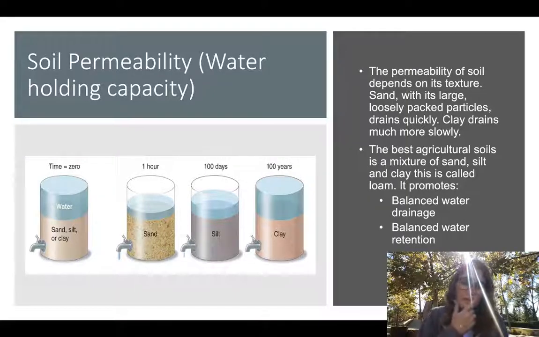We don't want that either. So we need a soil that's a mix of sand, silt, and clay, so that we have a perfectly balanced water drainage to water retention. That way we have enough water for plants to absorb, but not so much that the soil is overly saturated.